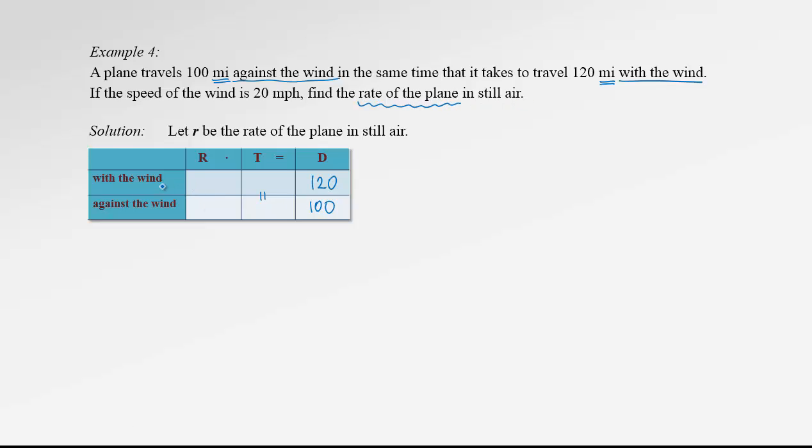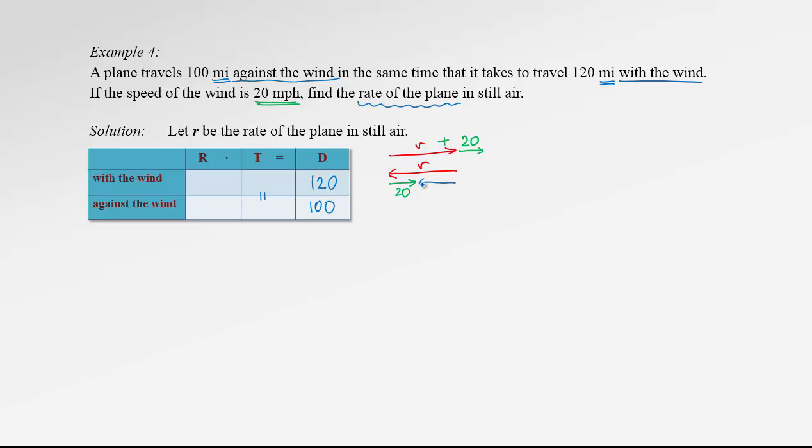Okay, what is the speed of the plane that goes with the wind? The plane is flying with its own speed, which is r, and on top of it, the wind is adding to its speed. The speed of the wind is 20 miles per hour, so we add 20 to it for the overall speed, right? However, when the plane returns the other way around, even though it goes with the same speed r, and the wind blows in the same direction, that's our 20 miles per hour, the overall speed of the plane will be diminished.